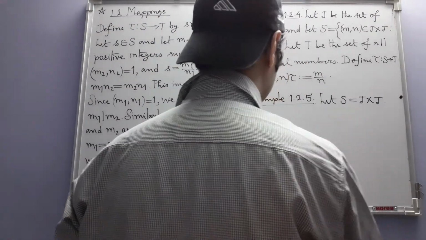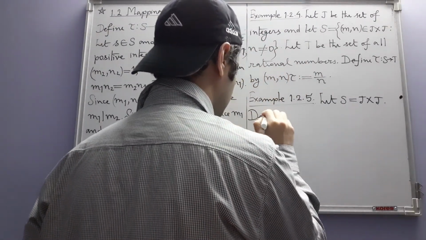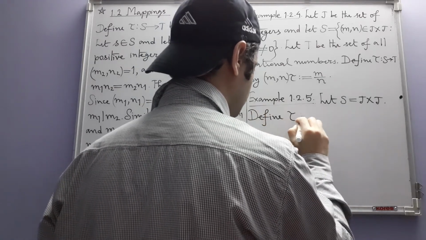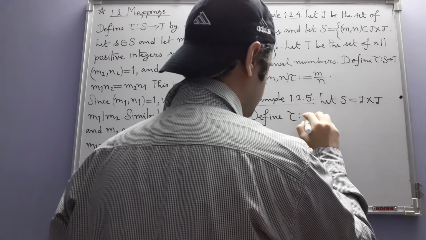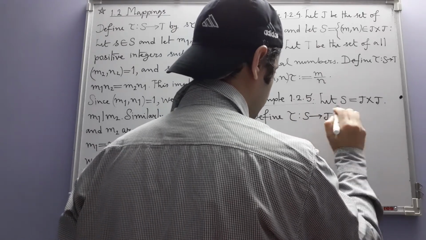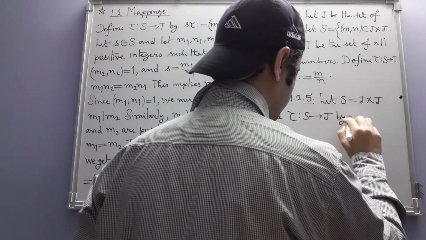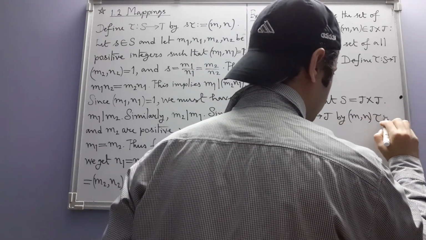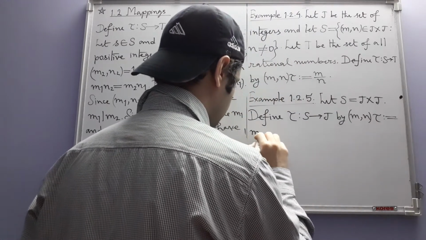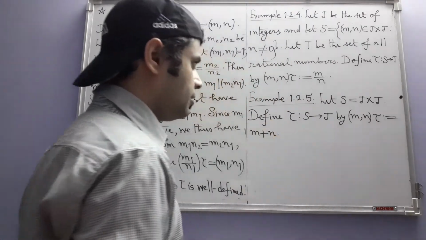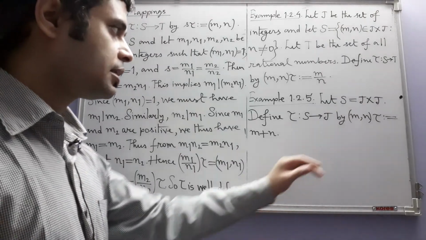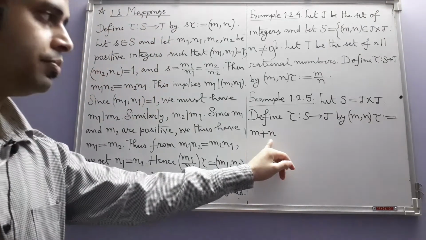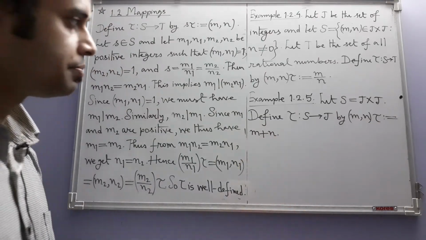We already know that. Define tau from S to J by this. Here we are just taking a pair of integers and adding them. Their sum is the image.